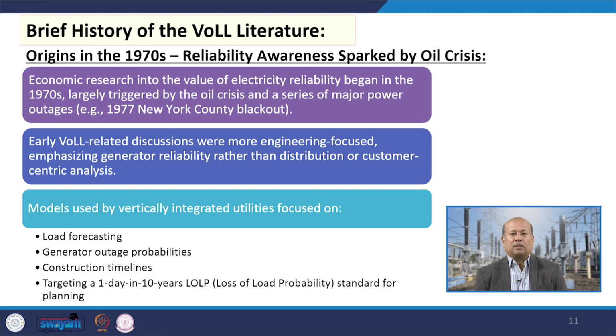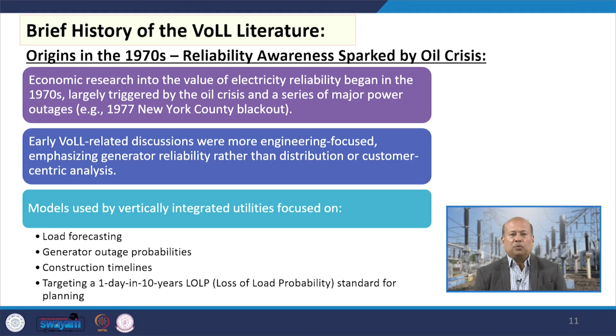Economic research into the value of electricity reliability began in the 1970s, largely triggered by the oil crisis and a series of major power outages, for example the 1977 New York blackout. Early VoLL-related discussions were more engineering focused, emphasizing generator reliability rather than distribution or customer-centric analysis.